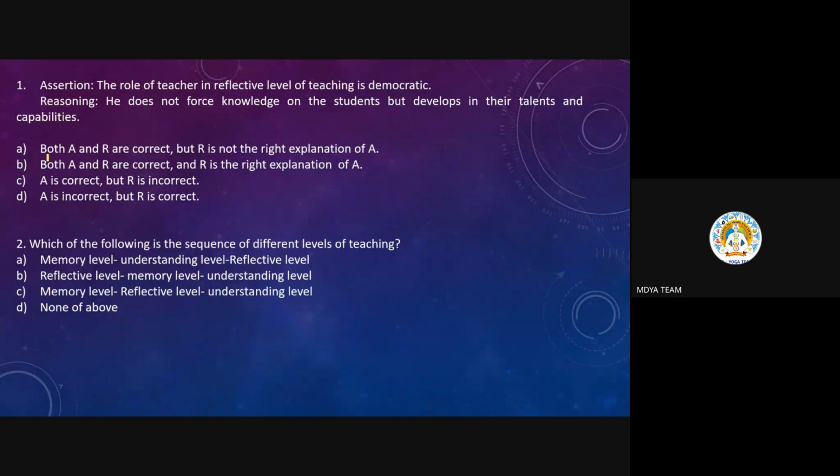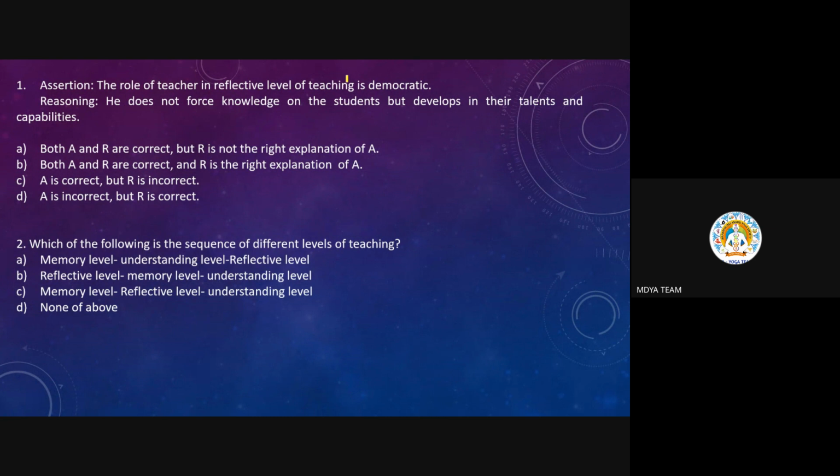Okay. The correct option is B. The role of teacher in reflective level of teaching is democratic because he does not force knowledge on the students but develops their talents and capabilities. If they just remove the words "does not", then the option will be A is correct, R is incorrect.